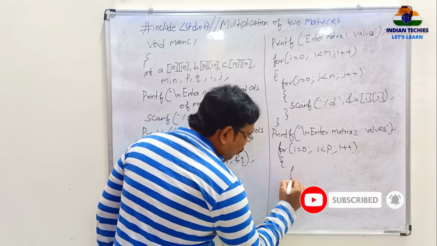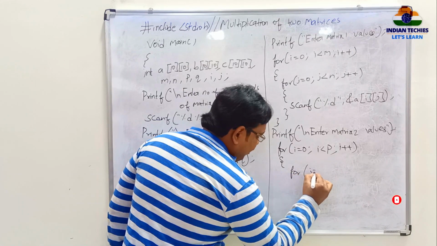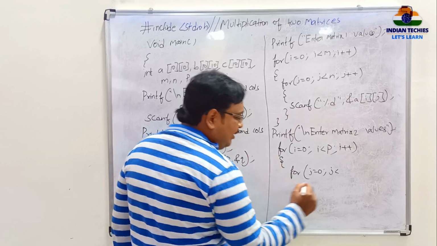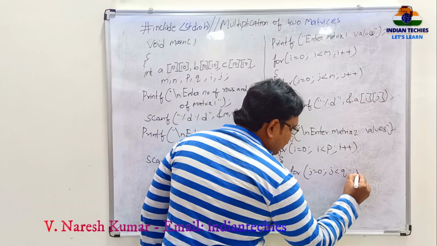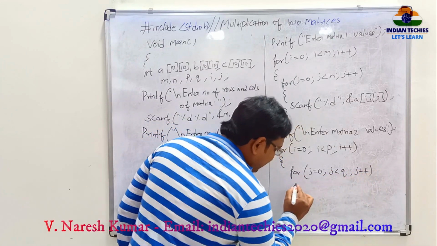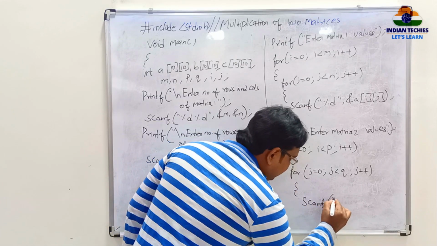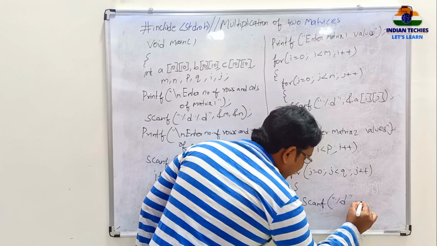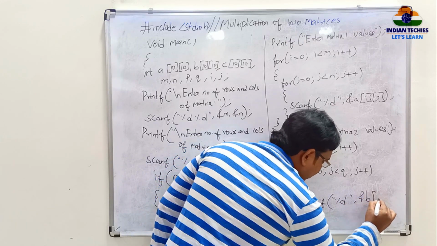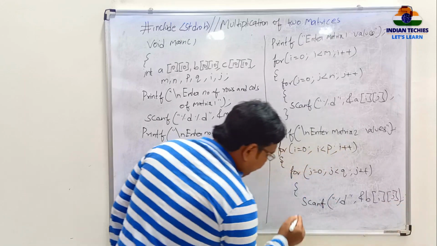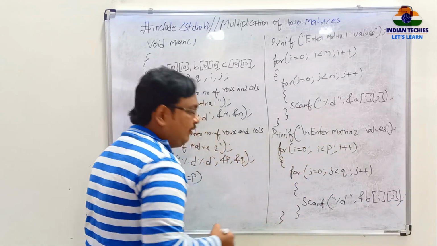Next, for j is equal to 0, j less than the number of columns of the second matrix, q, j plus plus. Inside this, you have to take input, that is scanf("%d"). This is matrix B, so &b[i][j]. So close this for and close this for.